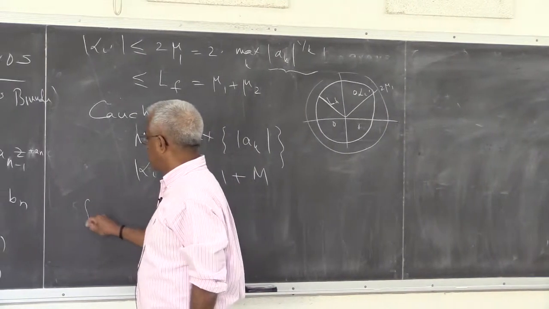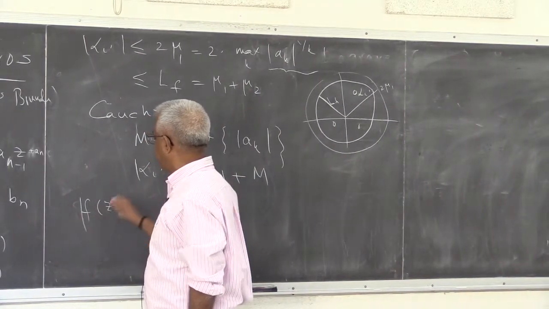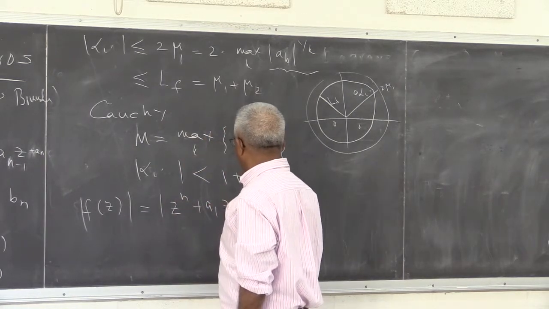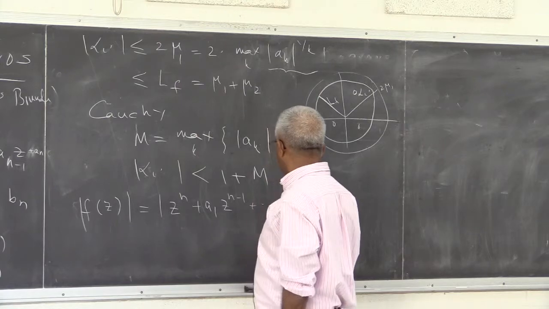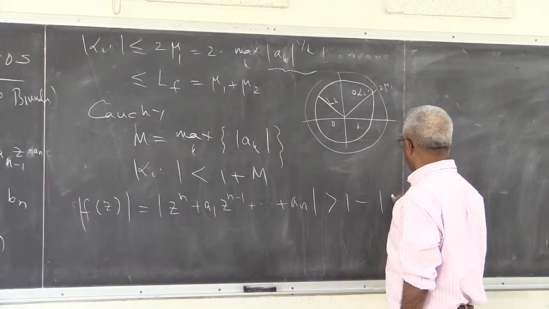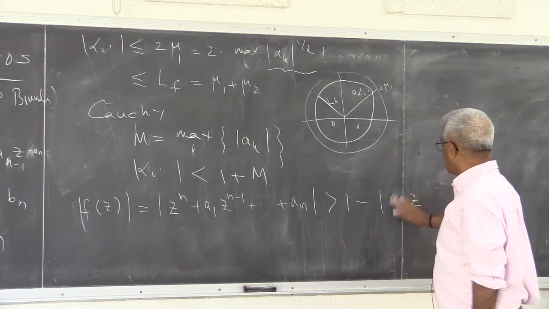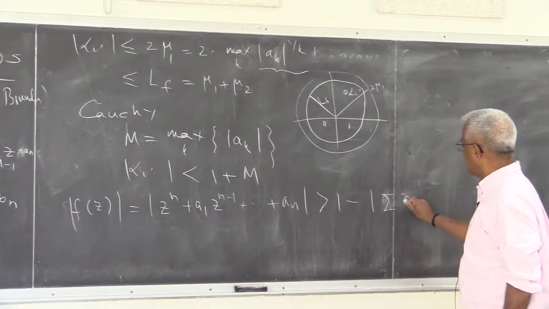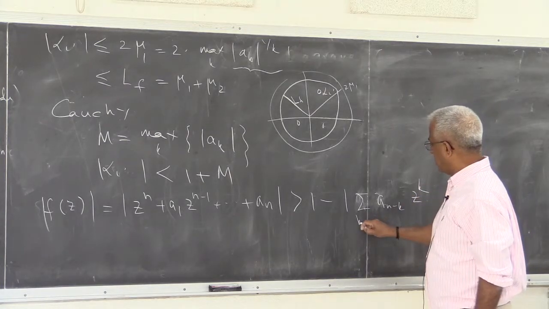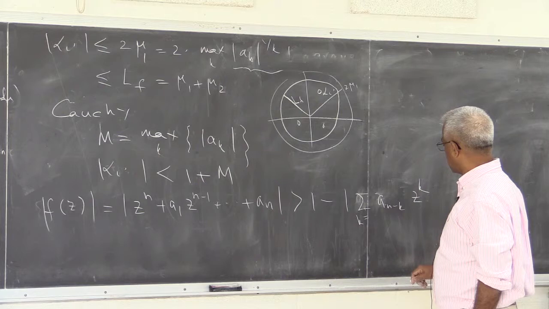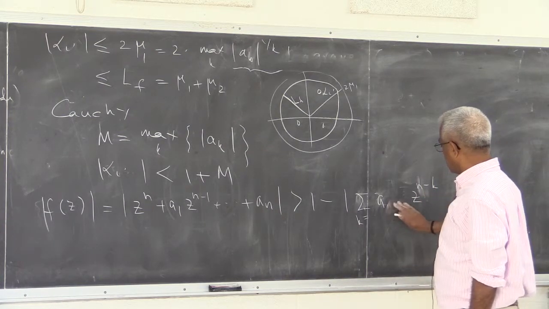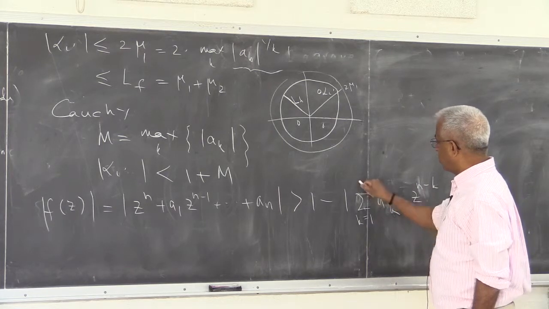This is equally easy to prove. The absolute value of F(z) is the absolute value of z^n + a1 z^(n-1) + ... + an, which is greater than, using the same argument, |z|^n minus the absolute value of sigma a_(n-k) z^k, k from 1 through n.